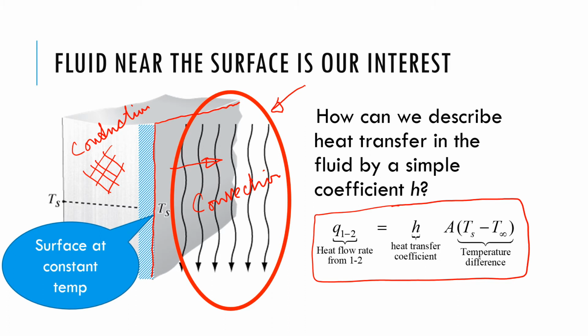But the question is, it's fine to describe it simply, but it has to be accurate. So what goes into this heat transfer coefficient? What factors does it depend on? That's what is going to be our study.